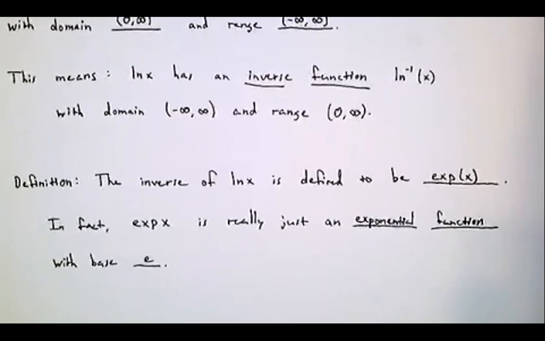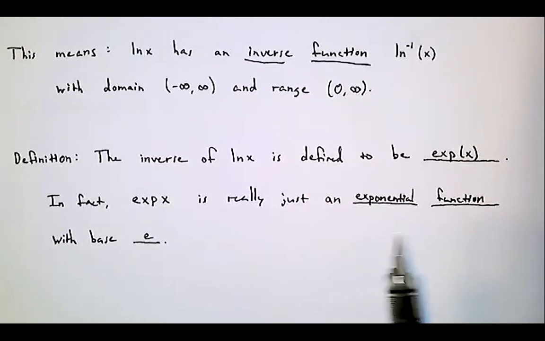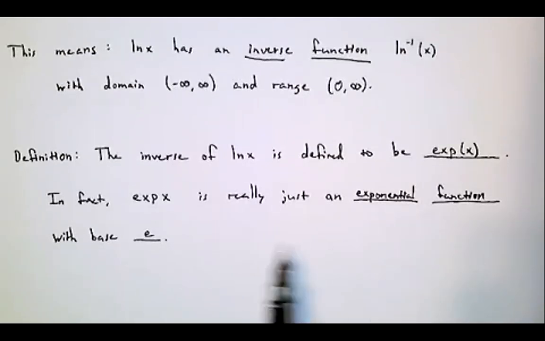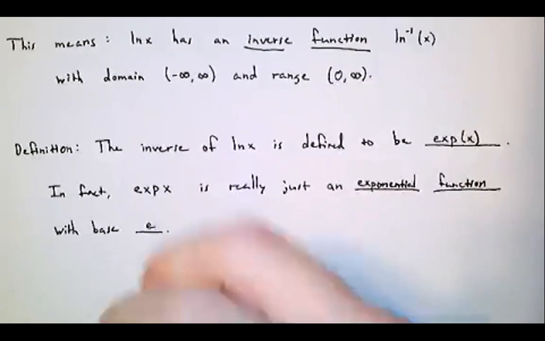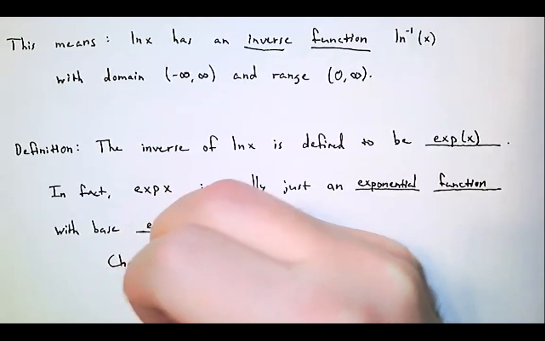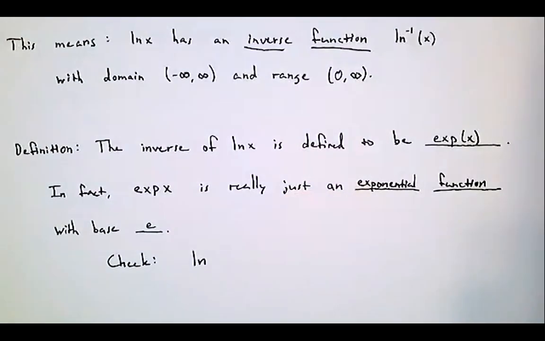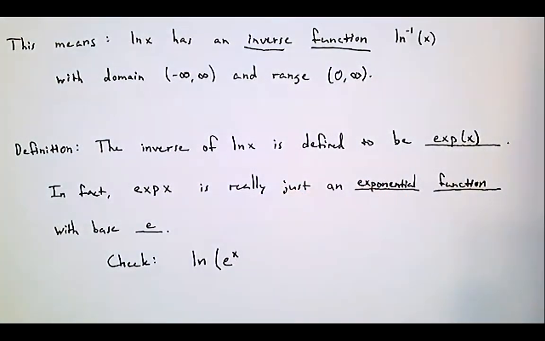So how do we know that this is actually an exponential function? Well, we should really check. So does the natural logarithm undo the exponential function and vice versa? So what I should do is take the natural log of e to the x power.